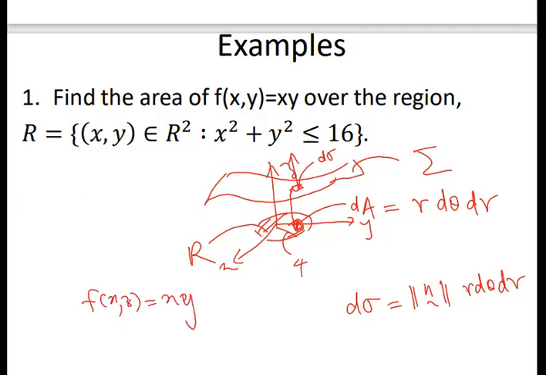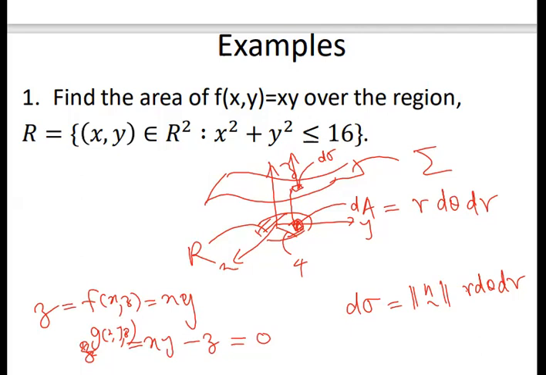We have x, y, and this is z. You can take z to the other side: x y minus z equals 0. This is g of x, y, z, a level surface.